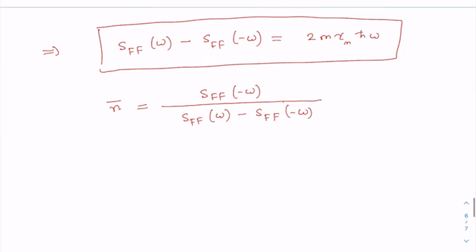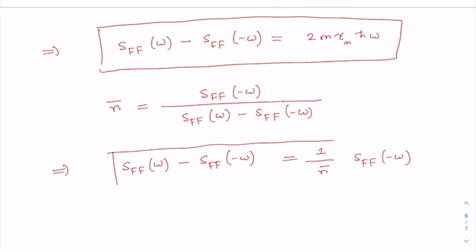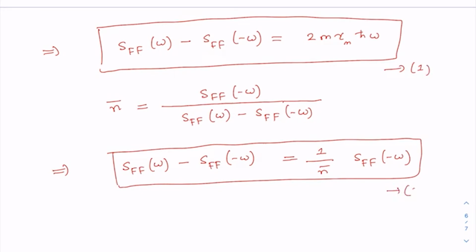From here I have S_FF at omega minus S_FF at minus omega equal to 1 by n bar times S_FF evaluated at minus omega. Alright, now I have these two expressions at my disposal. This is say equation 1 and this is equation 2.